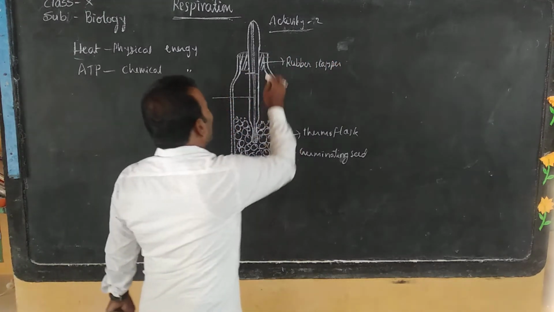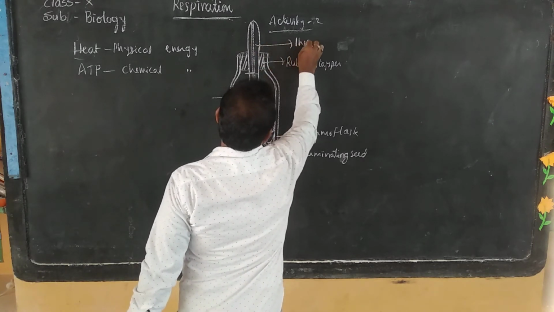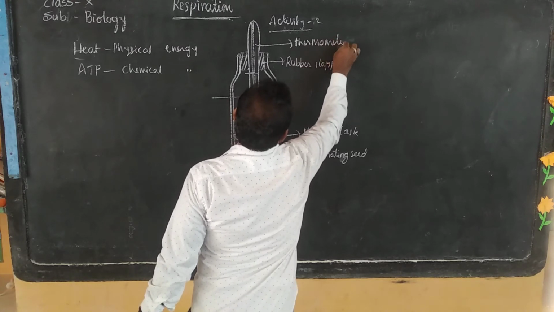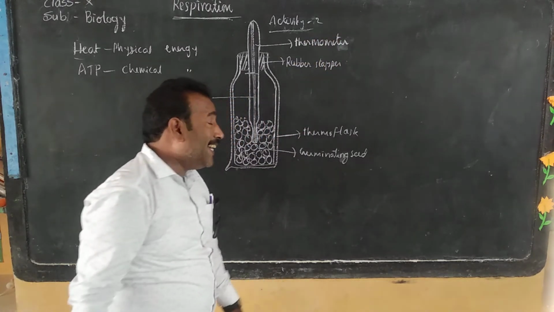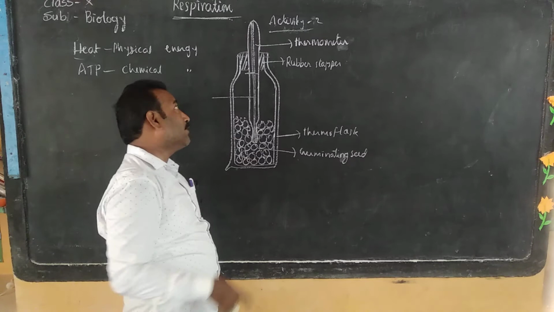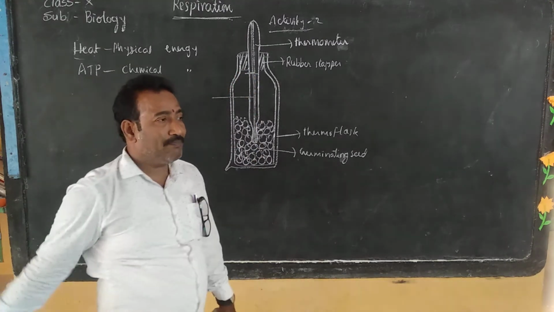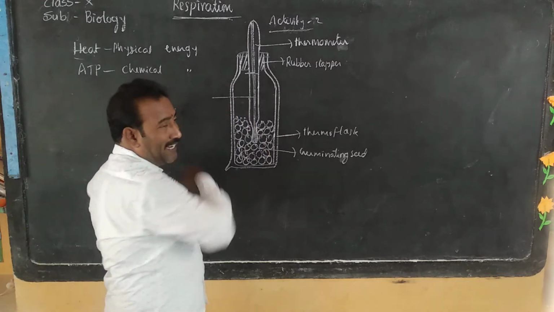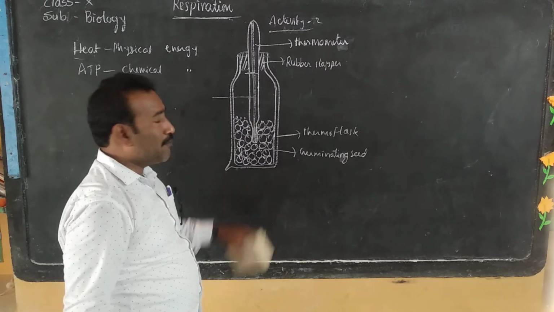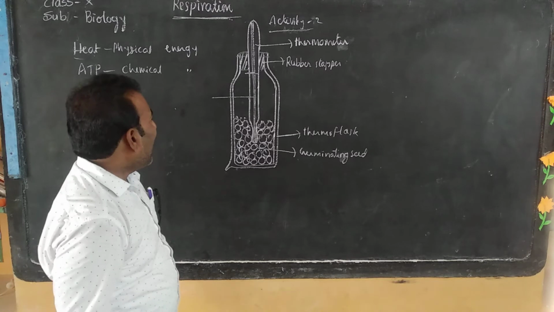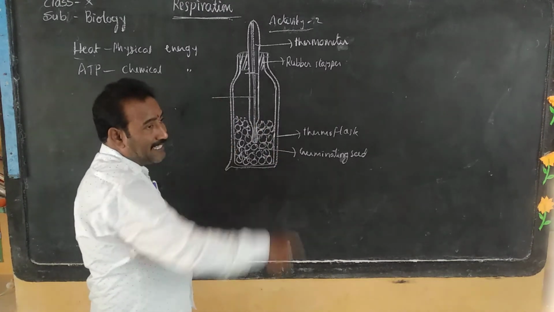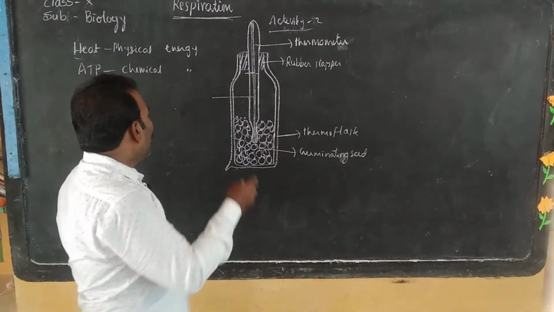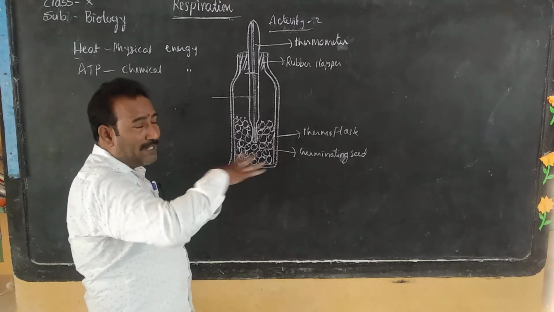Then take one thermometer, inserting the thermometer into the thermoflask through the hole of this rubber stopper. Then note the initial temperature of this thermometer and keep this entire apparatus on the table without disturbance.